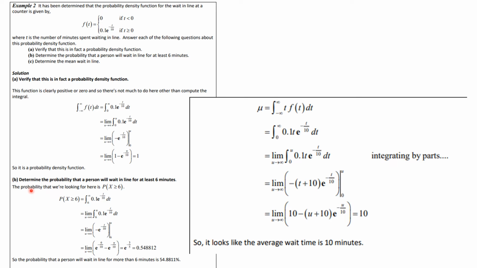Part B, we were to determine the probability the person will wait in line for at least 6 minutes. So here, at least 6 means t is greater than or equal to 6. So we do that. So we're going from 6 to infinity of 0.1, that's 1 over 10, e to the minus t over 10 dt. That's the limit as this variable tends to infinity, and we go from 6 to that.